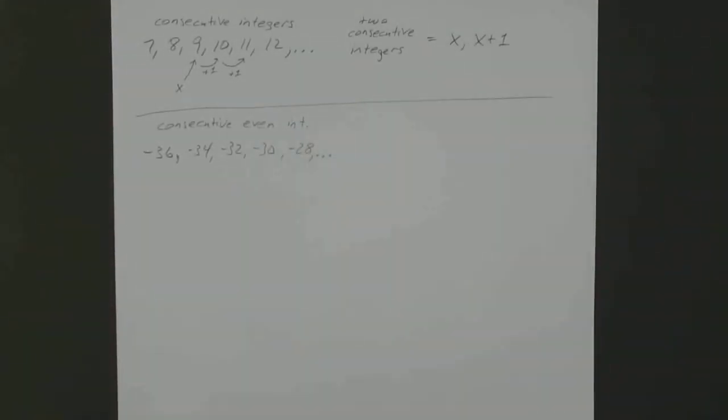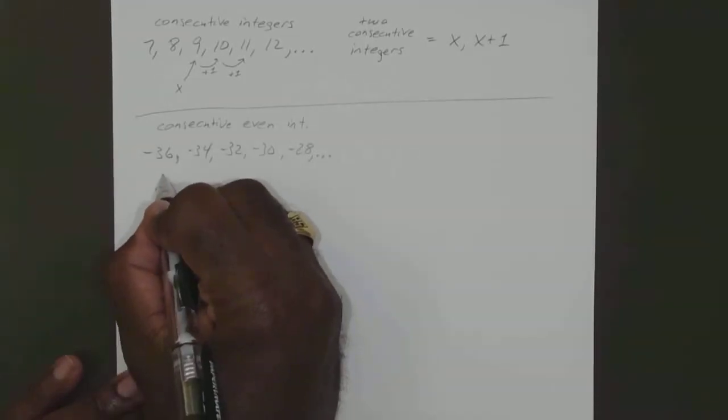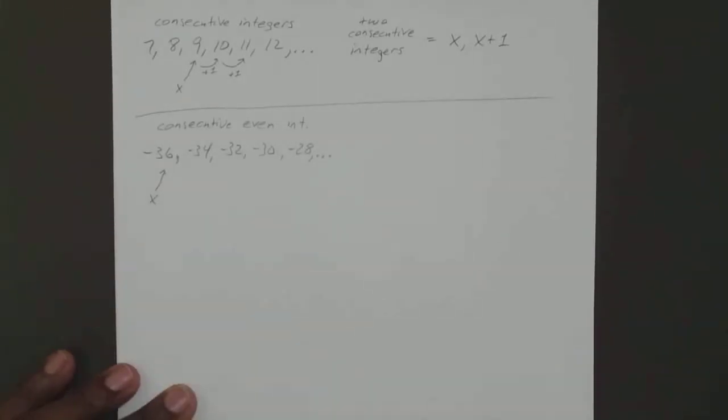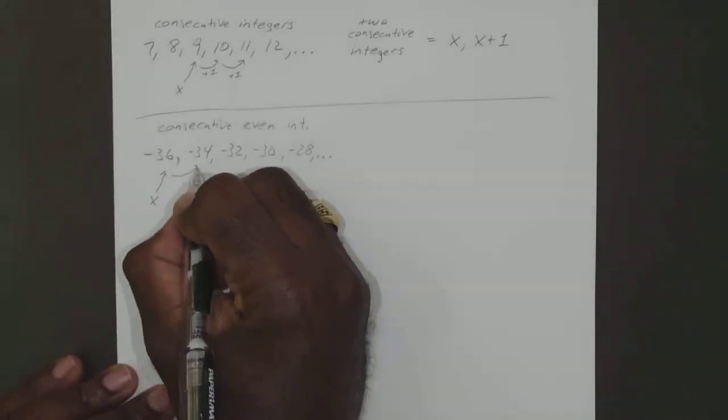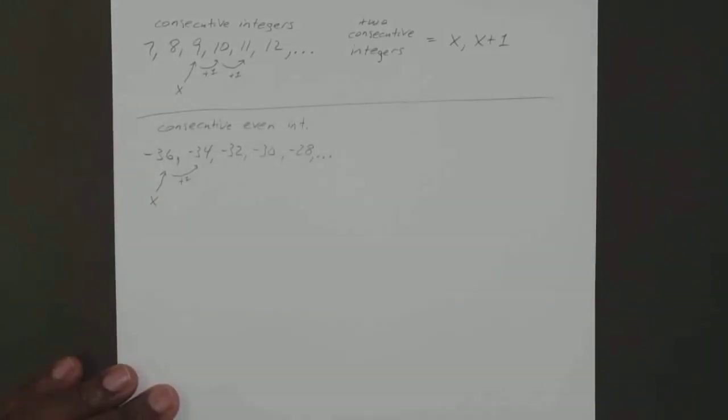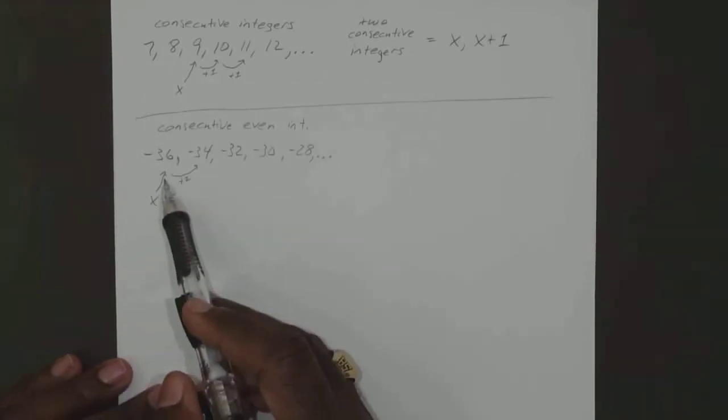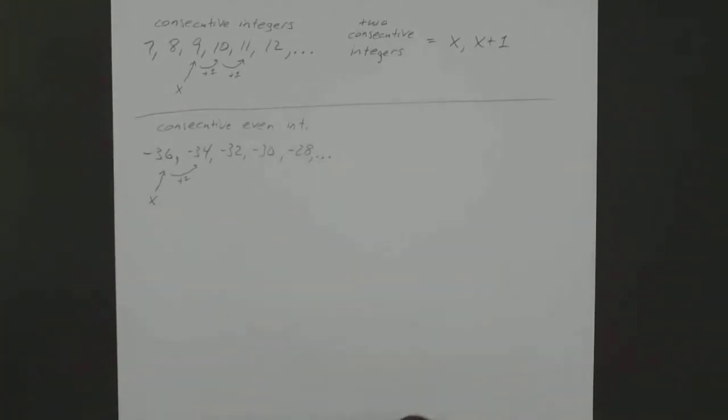Okay, just like before, you have to start somewhere. It can be negative, positive, really small, really big, but you start somewhere. So let's start here at some x value. So here, to get to the next number, we had to go up 1. But for this one, to get to the next number, we have to go up 2. So if we start at -36, to get to -34, we have to go up 2.